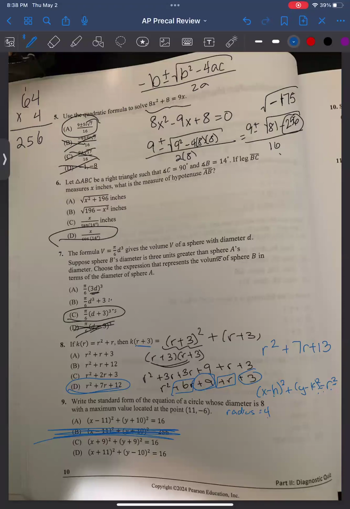Yeah, so on my graph, say my circle, what is it? It's 11, negative 6. Oh, this is bad. I don't have enough space for that.